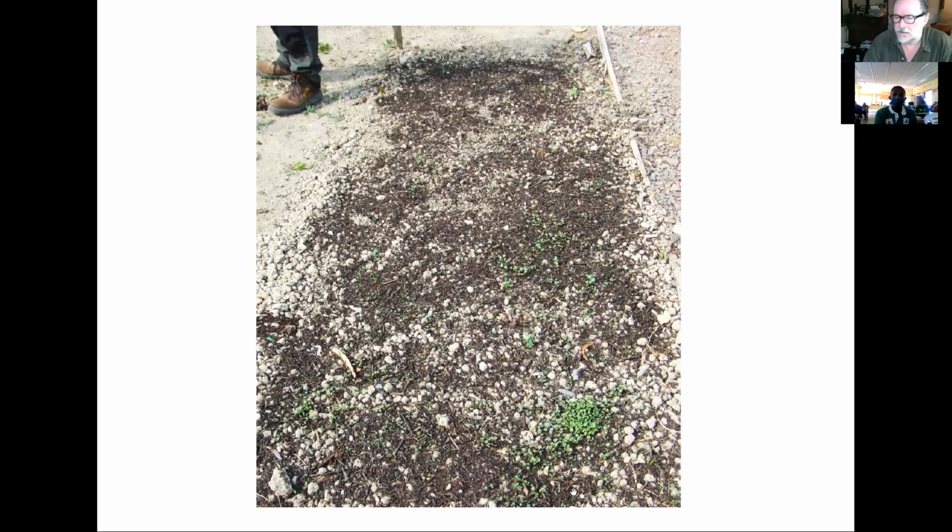In this bed here, this is a seed bed that we've carefully prepared. We've added some compost and some water. We've allowed anything to germinate in the sun. And then we've come along with a hoe, and we've just got rid of any weeds, and we've made sure that no other weeds are germinating.